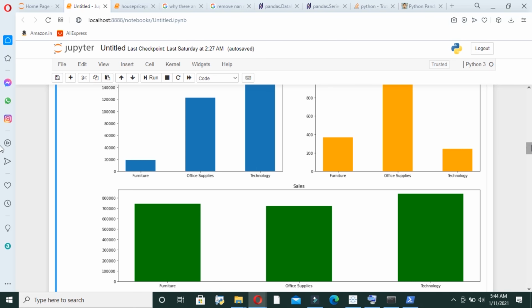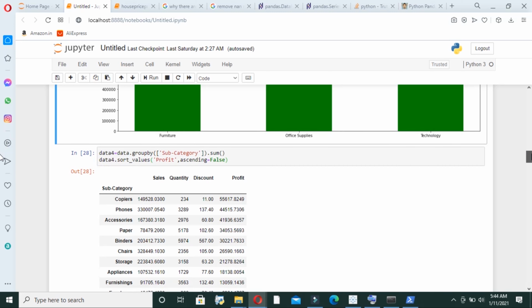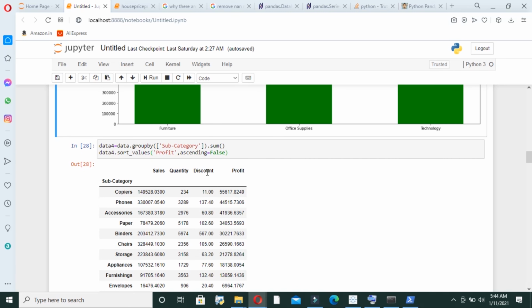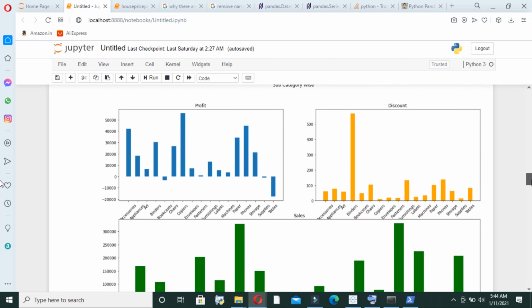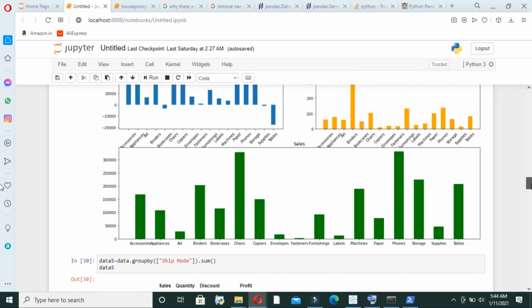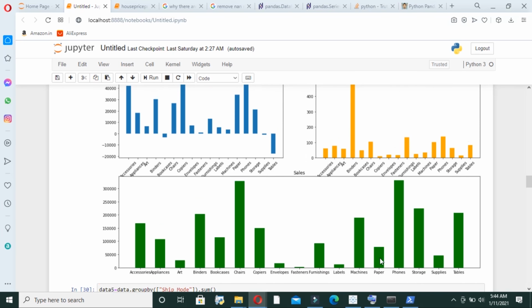After that I found the total profit, discount, quantity, sales by dividing the data subcategory wise. Let's see the visualization. Here you can see the most sales happened in phones and chairs, and the most profit was earned in copiers.